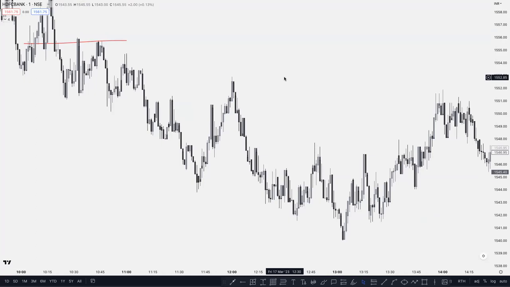Kindly give us Indian stock to trade with SMC from a stock perspective. Sir, I recommend you trade only high quality, I mean high volume, stock pairs.